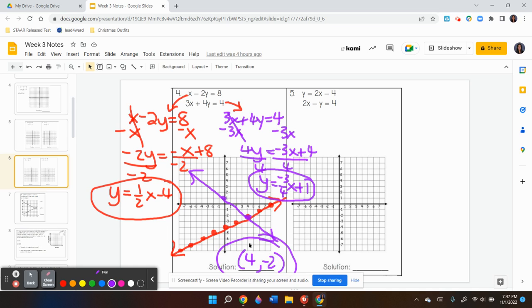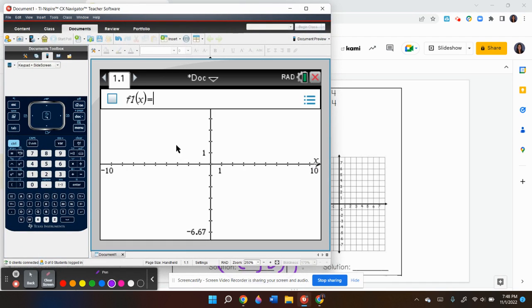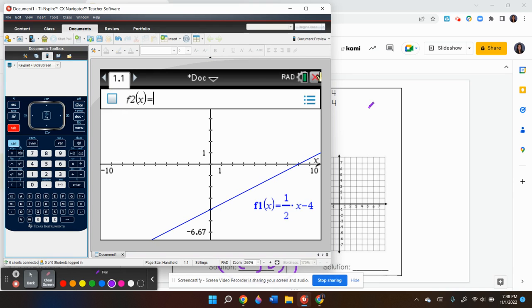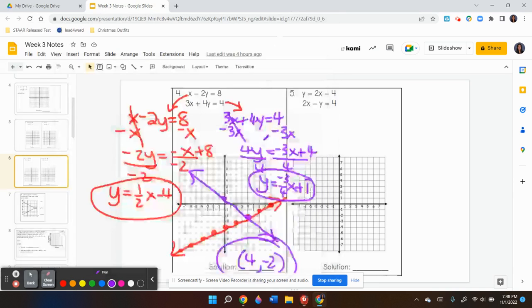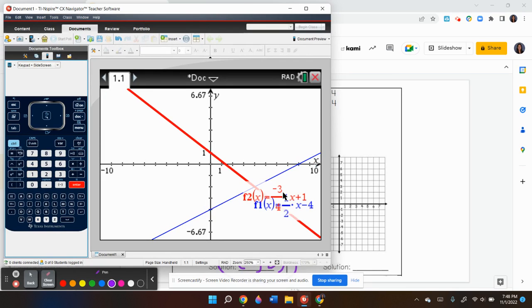Again, if we want to check in our calculator to make sure that the solution is correct, we would go to our graph, open up your graph, and type in the first equation, which said 1/2 x minus 4, enter. To get the line back up here, you're going to push tab, and then we're going to type our second equation in, which said -3/4 x plus 1.